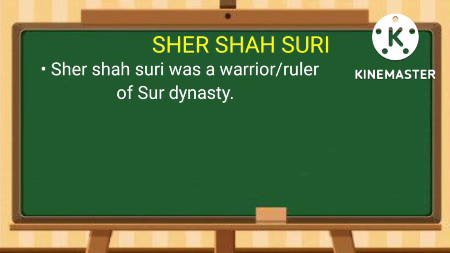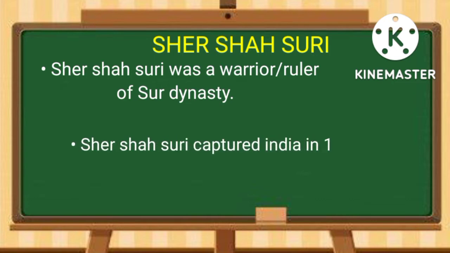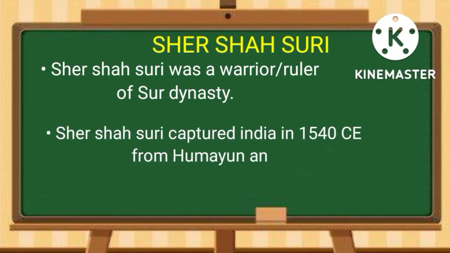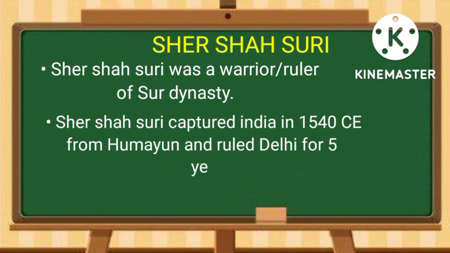A warrior, a ruler of the Sur dynasty named Sher Shah Suri, captured Delhi from Humayun in 1540 and ruled India for 15 years, from 1540 to 1555 CE.